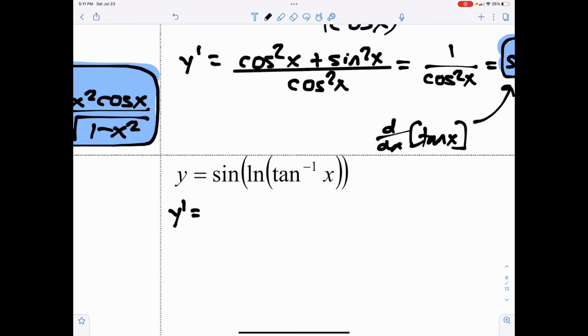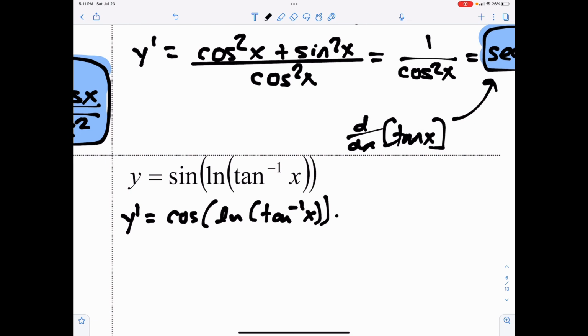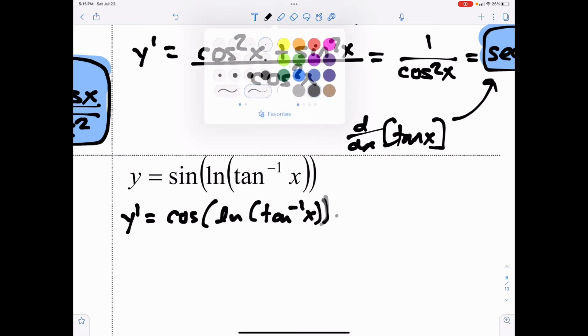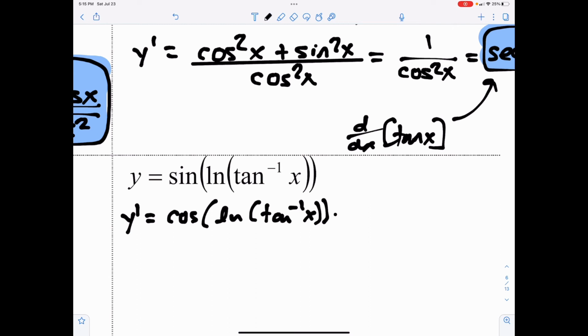First, y prime: we take the derivative of sine, which is cosine, holding the inside function fixed, so the natural log of arctan of x, times the derivative of the next inside function, which is natural log.